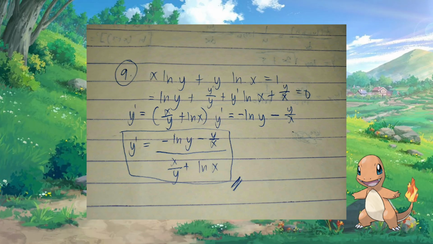So this problem, we need to set it equal to 0 to find the proper answer. So we have ln y plus y prime over y plus y prime ln x plus y over x equals 0.